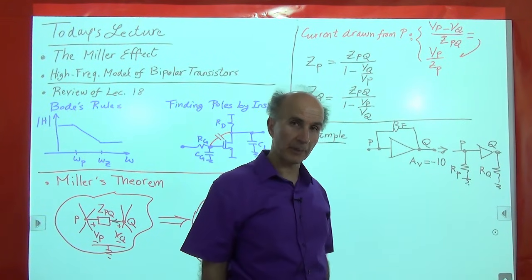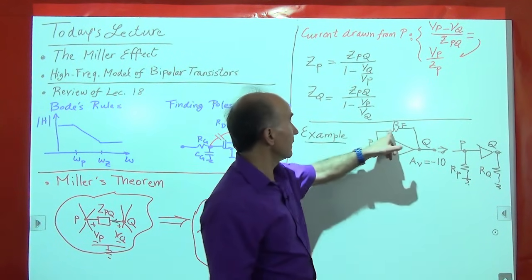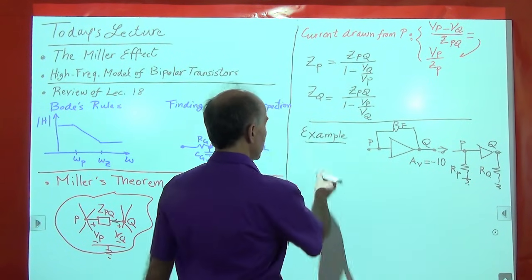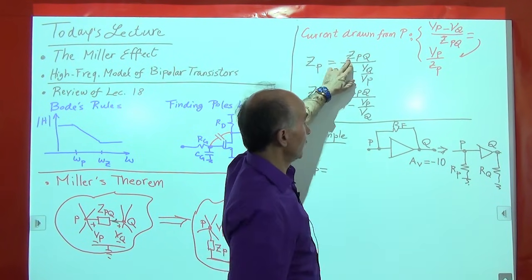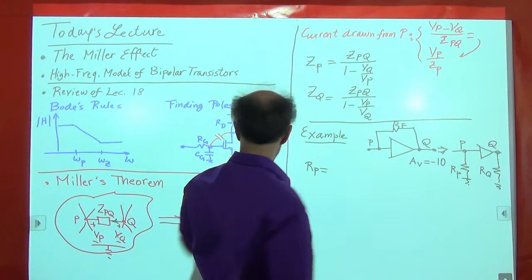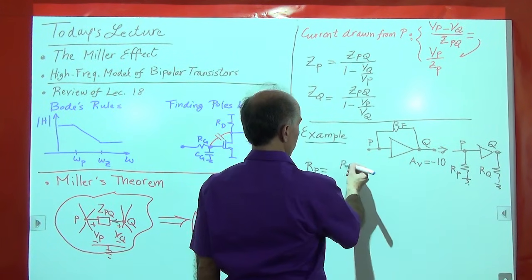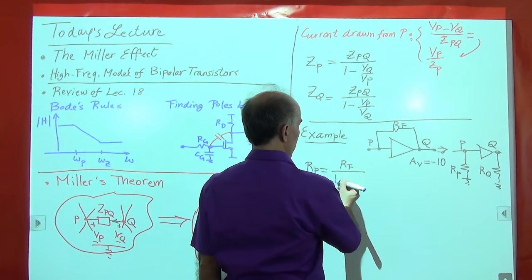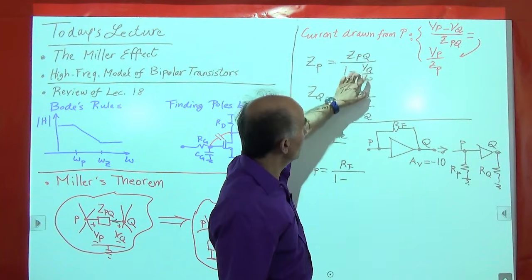Okay, how much is RP? RP is given by the original resistance, right? So RP, I'm rewriting this equation, is given by the original floating resistance, the ZPQ, which is now RF, divided by 1 minus VQ over VP.